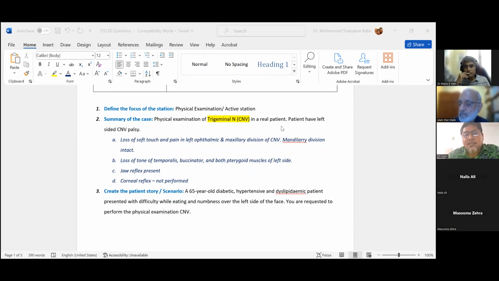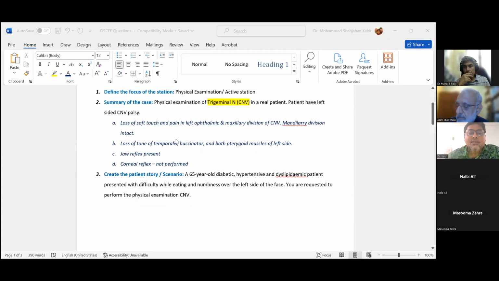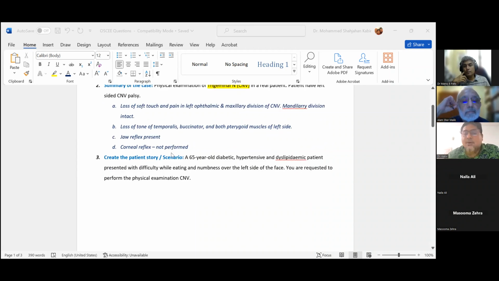The patient has left-sided trigeminal nerve palsy with the following findings: loss of soft touch and pain in the ophthalmic and maxillary divisions of CN5, but the mandibular division was intact, and loss of tone of the muscles of the first branchial arch. The corneal reflex was not performed.